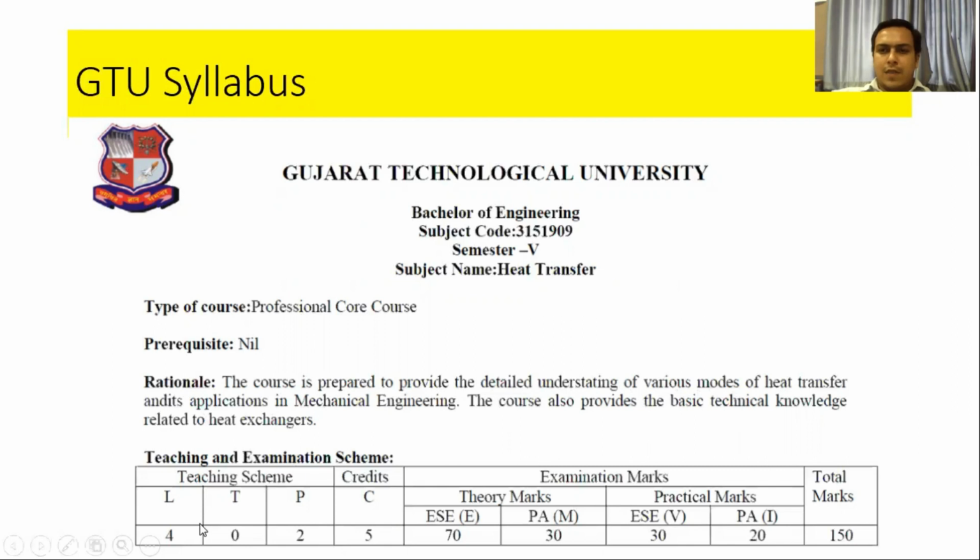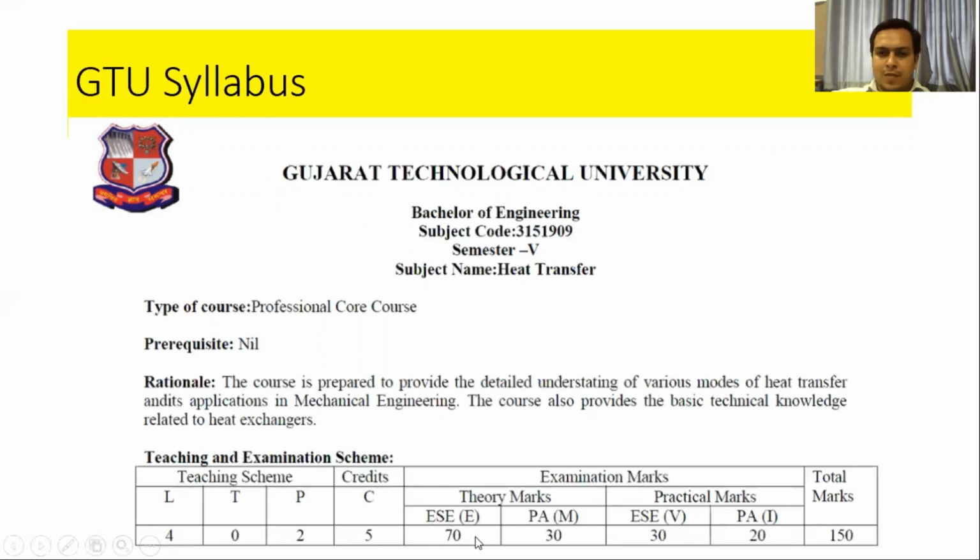The teaching scheme as per the GTU new syllabus is 4 hours of lectures per week and 2 hours of laboratory. It means you have to attend 4 lectures and 2 laboratory hours, that is, one laboratory. The evaluation system given by the GTU for this subject is 70 marks of semester examinations conducted by GTU.